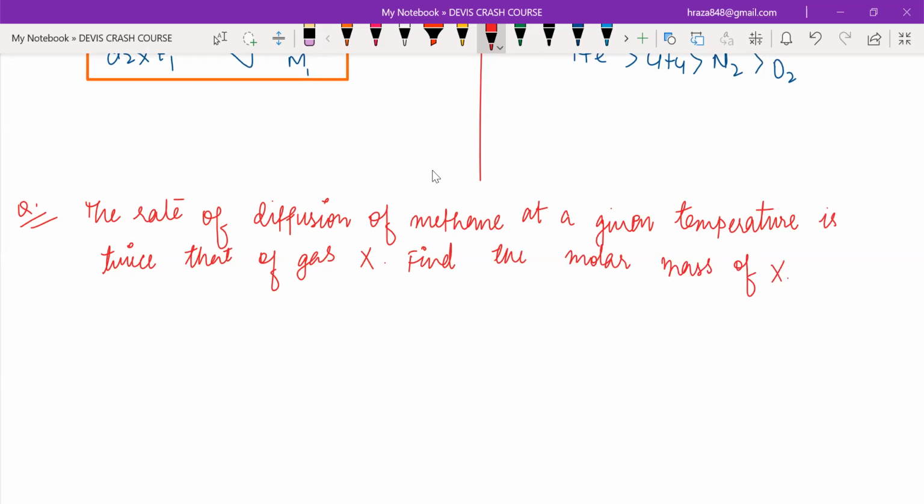The rate of diffusion of methane at a given temperature is twice that of gas X. Find the molar mass of X. Please do it.